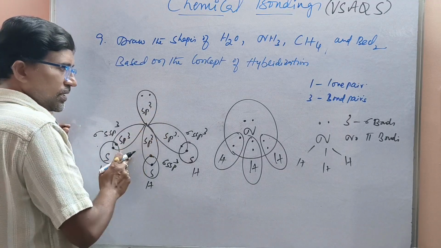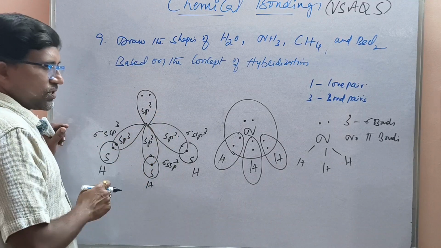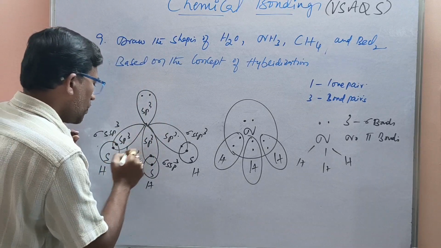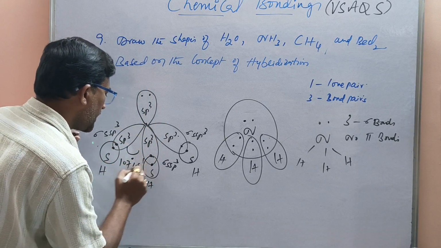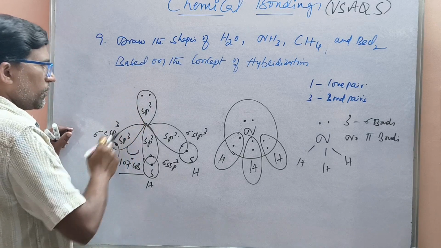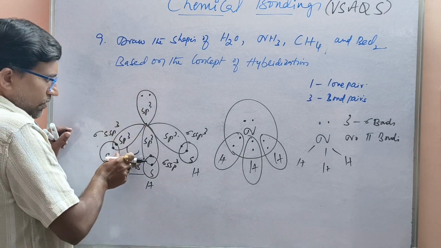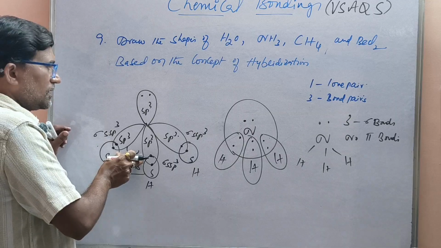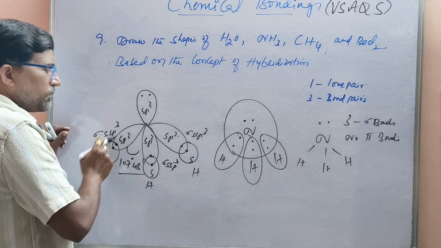And the bond angle, I already mentioned in the previous questions. Even though it has sp3 hybridization, the bond angle has decreased from 109 degrees 28 minutes to 107 degrees 48 minutes because of lone pair bond pair repulsion. Bond pair bond pair repulsion is very negligible, the least compared with the lone pair bond pair repulsion.